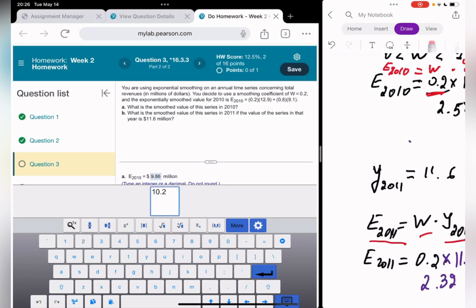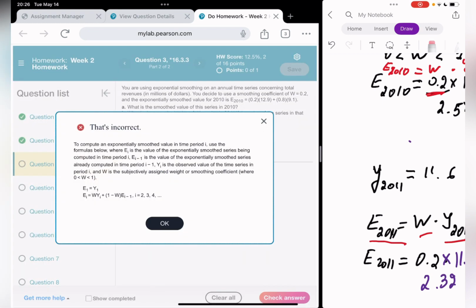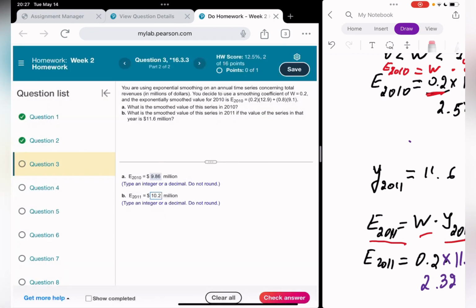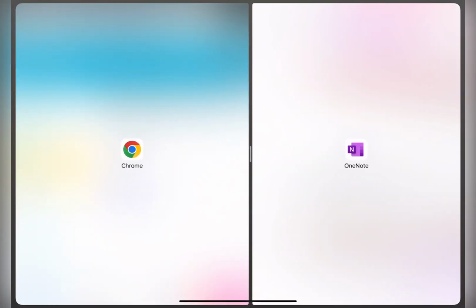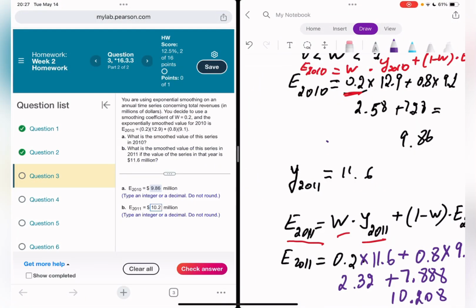Incorrect. Let me calculate again. Today is not my day. Basic math. So one more time: 11.6 times 0.2 is 2.32. Okay.